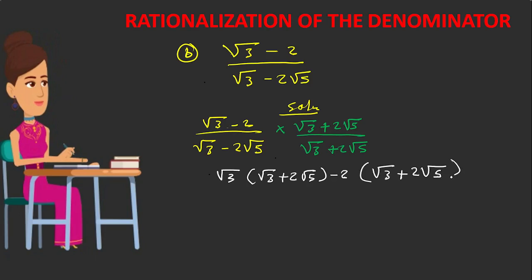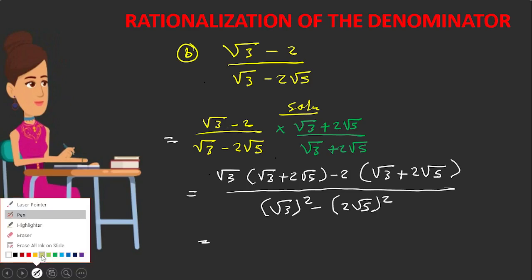You say over, what is down is the difference of two squares, so it's going to be open bracket square root 3 squared minus, since it's the difference of two squares, open bracket 2 square root 5 squared.